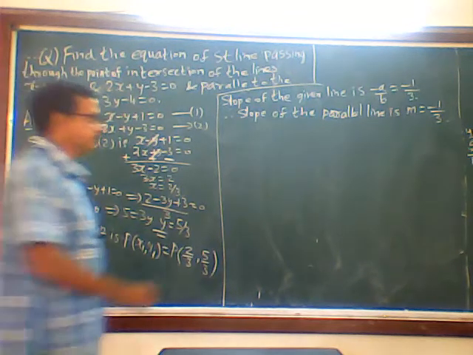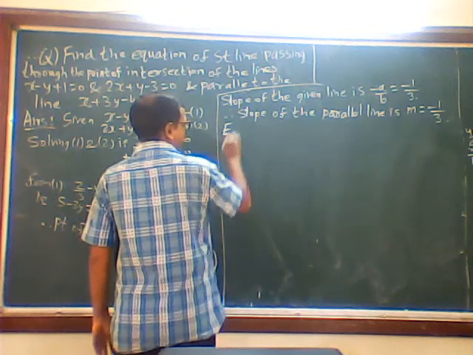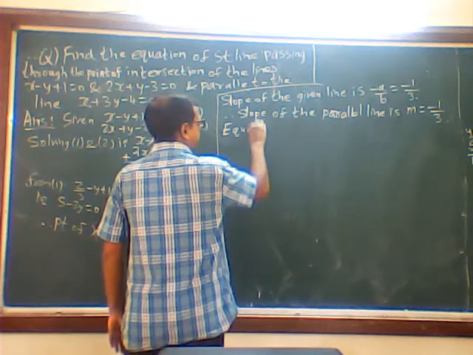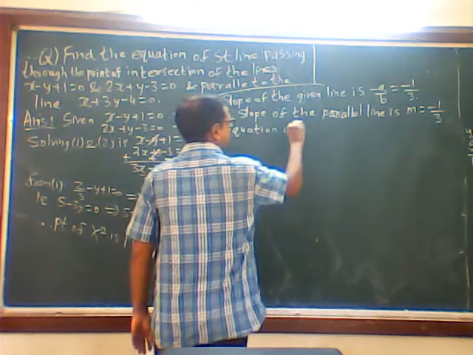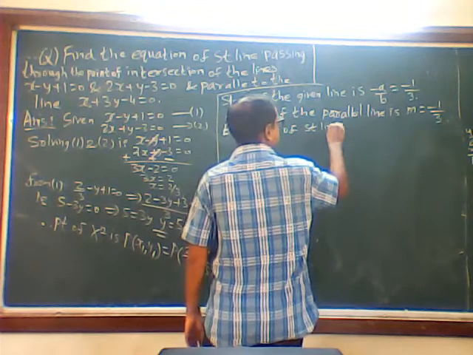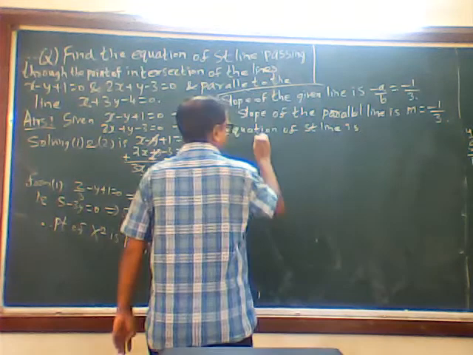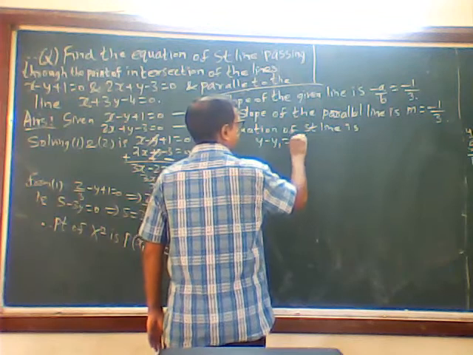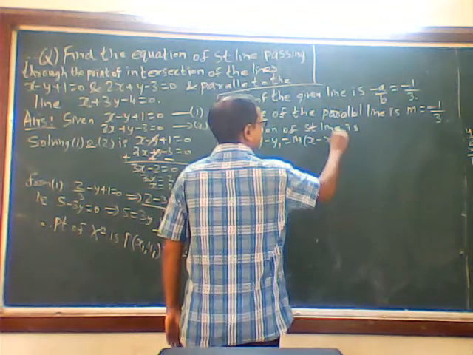So therefore the equation of the straight line is what? Slope point form. The equation of the straight line is y minus y1 is equal to m into x minus x1.